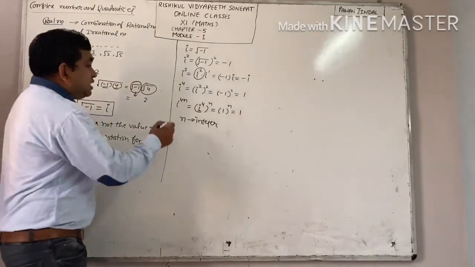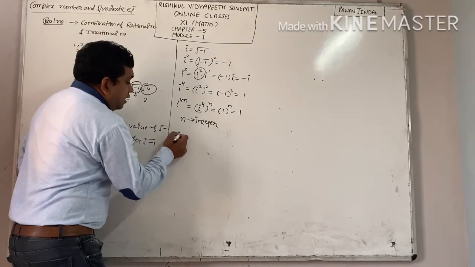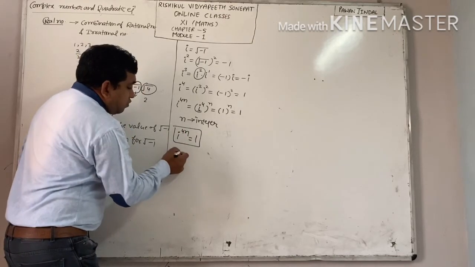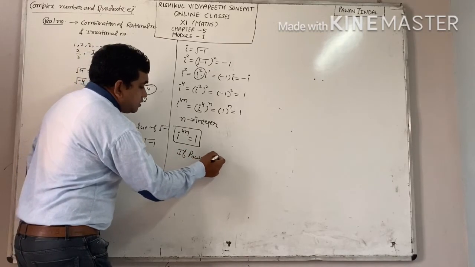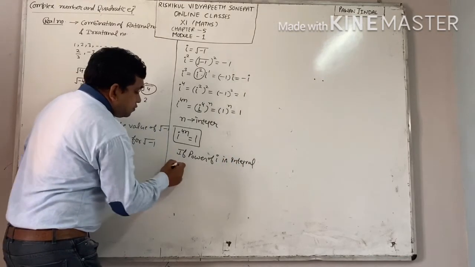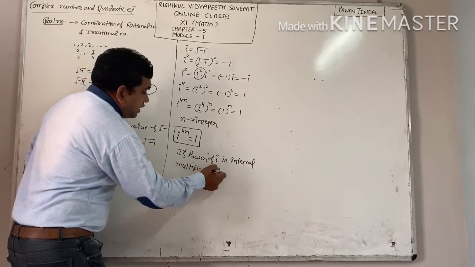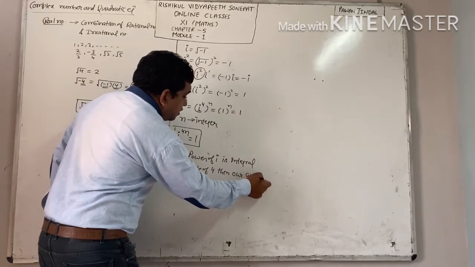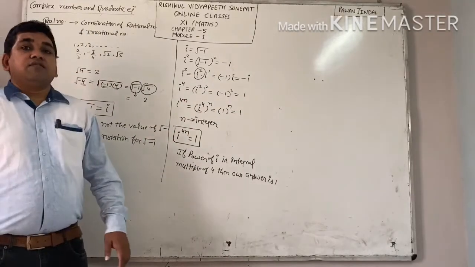It means from this result we can say, if power of iota is an integral multiple of 4, then our answer is 1.